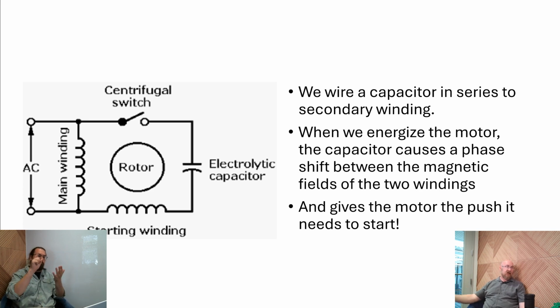Like your washing machine, your dryer, all of these things that use large AC motors and require your 240 volt outlets. Increasingly, those are brushless DC, which gets around that.